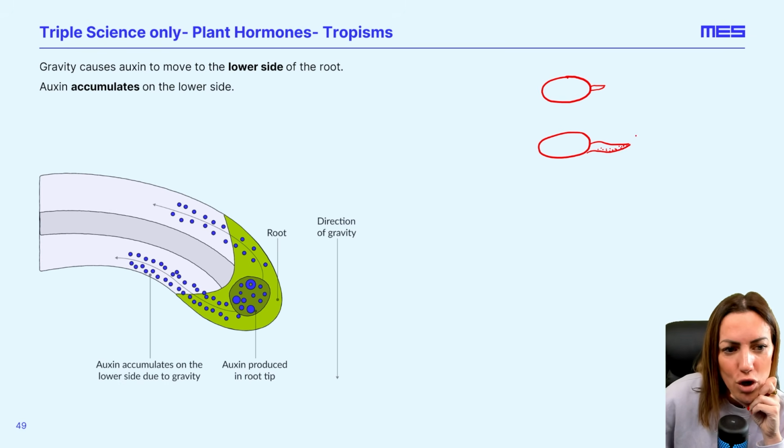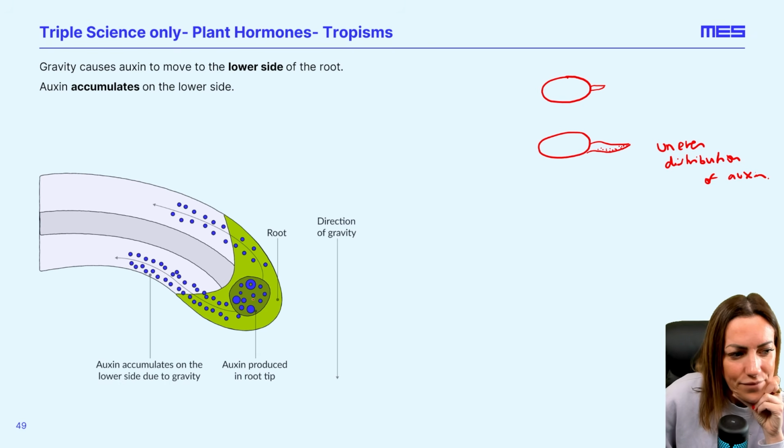So again, you've got an uneven distribution of auxin. And you can see it on this big diagram here. So you can see auxin is produced in the root tip. It's going to start to diffuse down the root, but you'll get auxin accumulating on the lower side of the root due to gravity. You can see there's a higher concentration of auxin on the lower side of the root compared to the upper side of the root.